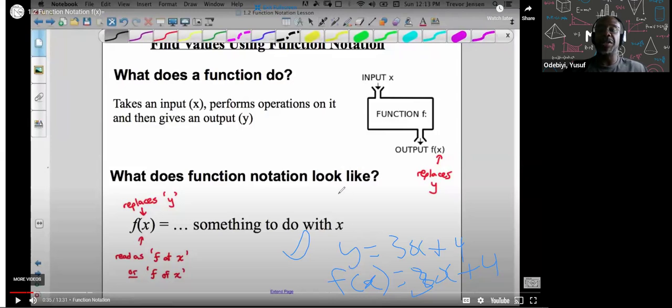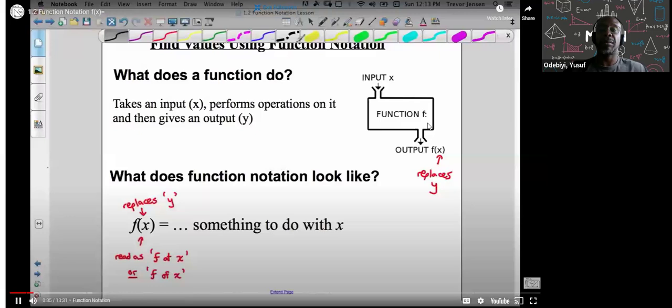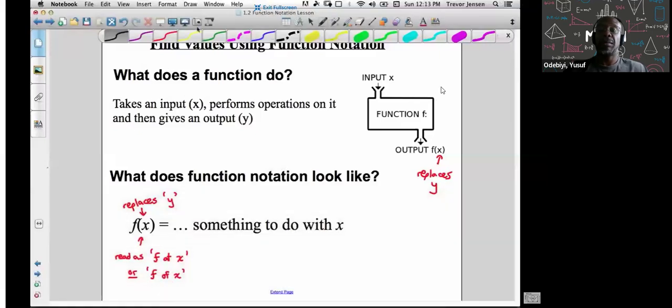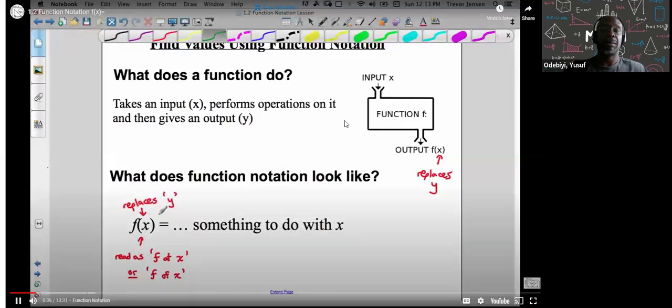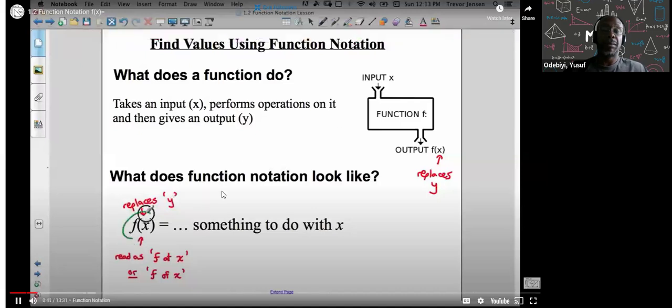All your quadratic equations that you had with y is equal to, replace that with f of x, okay? That's kind of the main thing. Instead of having y equals something, you are going to have f at x, or f of x, it's sometimes called.